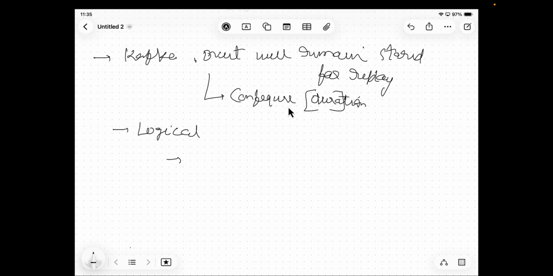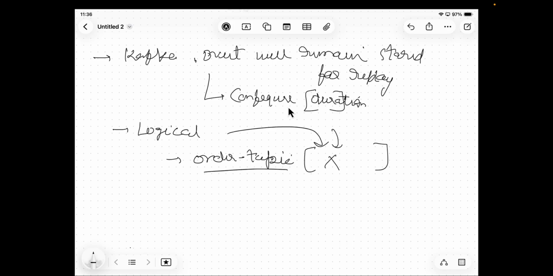If suppose an order topic is there, it doesn't mean that we are going to create one very big file with the name of the order topic and store all the events there. No, this is wrong. It's not physical storage, it's not a physical file.